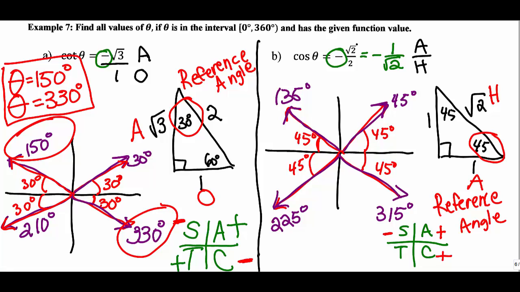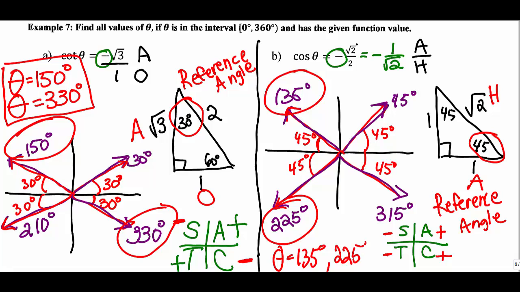So we're looking for values or angles in quadrants 2 and 3. So the angles that we're looking for are 135 and 225. So these are the two angles that have a cosine value of negative square root of 2 over 2. So these will be our two solutions for those angles in between 0 and 360.